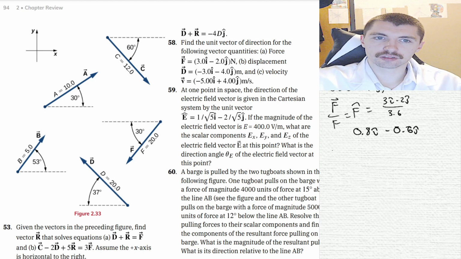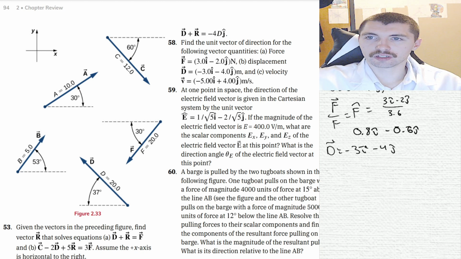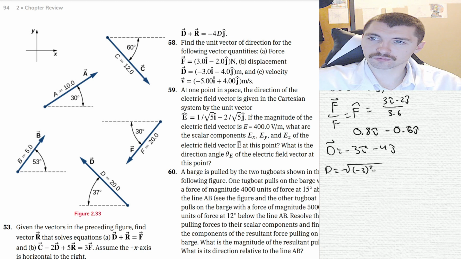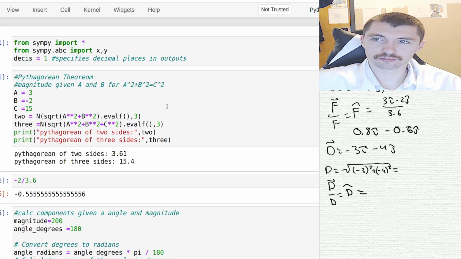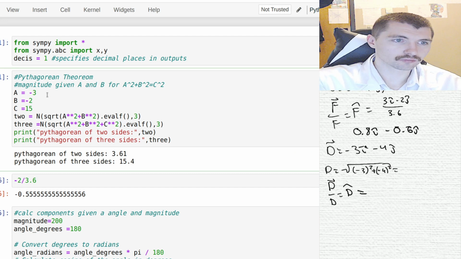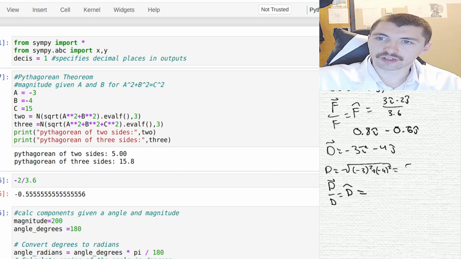So if D is negative 3i, okay, so we find D, and then we take D over the magnitude of D. So 5, so we have -3 over 5 i, -4 over 5 j.